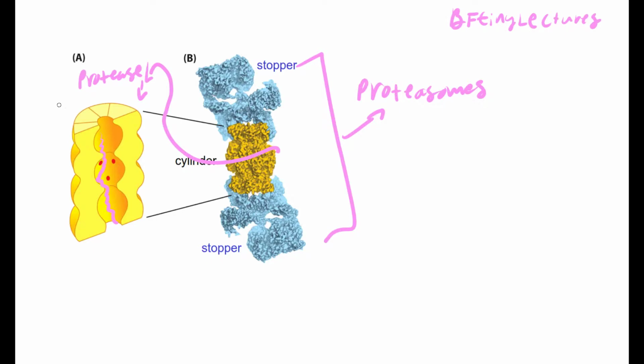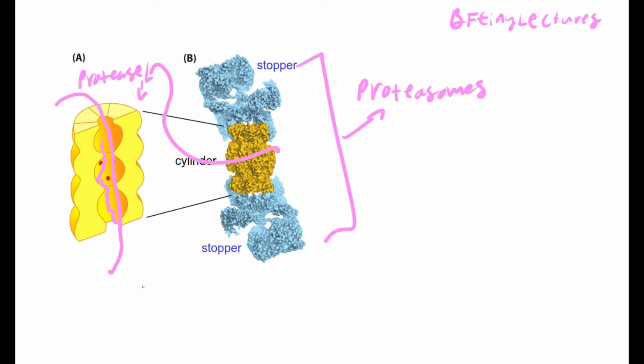Now this protease has active sites all along its face inside the center cylinder. Now when a protein that is no longer needed enters this active site, it begins to get cut. So this protease cleaves the peptide. And when it's cleaved, it becomes inactivated and it begins to be degraded.